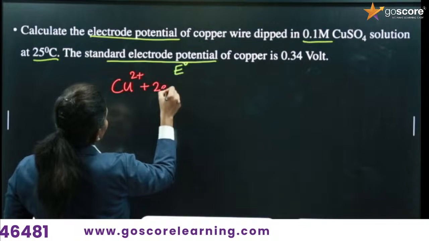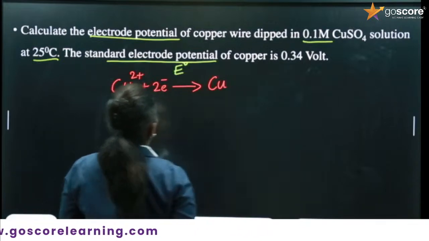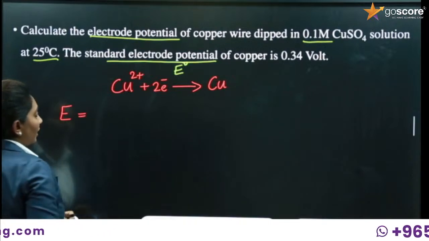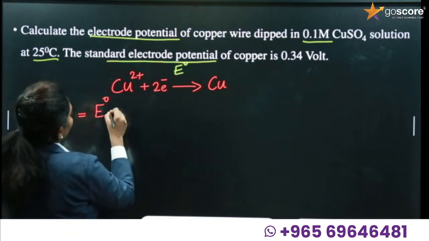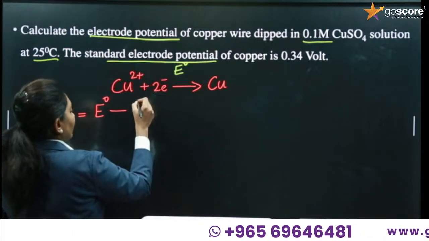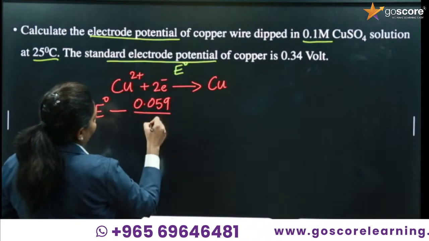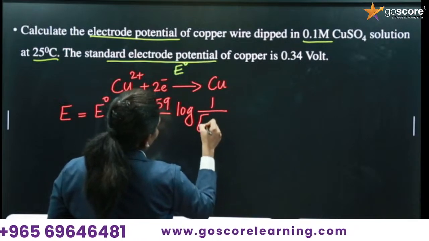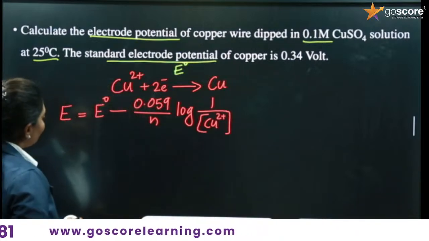So Cu2 plus plus 2 electrons giving copper. Okay, and the electrode potential of copper is equal to E naught minus 0.059 divided by N log 1 by concentration of Cu2 plus ions, right?